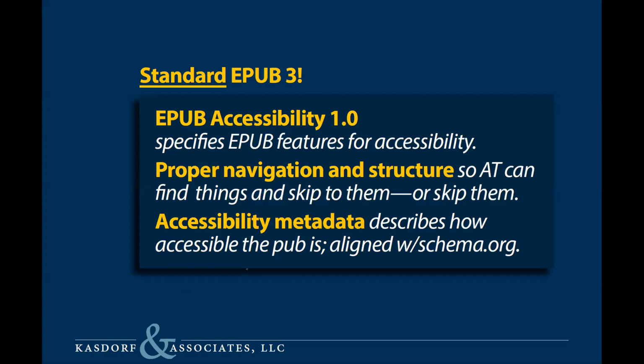Standard EPUB 3 also means that it aligns with EPUB Accessibility 1.0. That's an accessibility recommendation, again available through the W3C, and it specifies what EPUB features you should have to ensure publications are accessible. It needs proper navigation and structure so that assistive technology can find particular things.